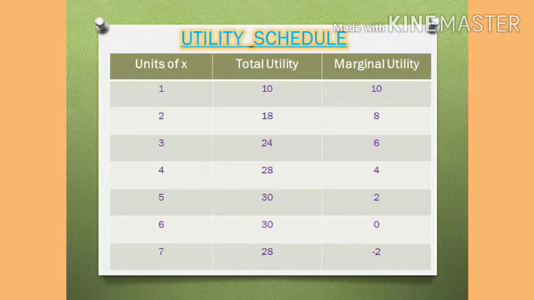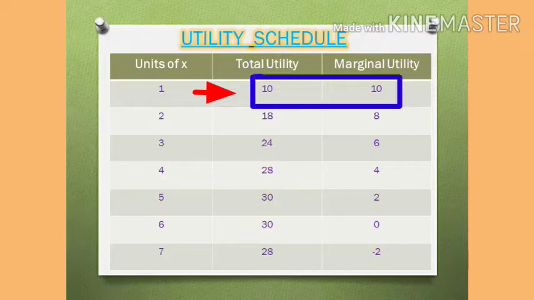This schedule or table explains the relationship between total utility and marginal utility. We observe first, total utility and marginal utility of the very first unit of X consumed are the same. That is, total utility equals marginal utility.